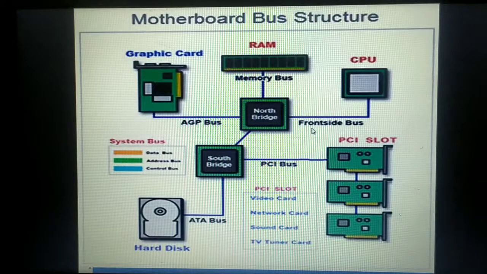The higher the bus speed, the faster the computer can send the data, which will improve your computer performance. Usually the front side bus is the connection between the CPU and the north bridge chipset. On any motherboard, a high speed data transfer takes place between the CPU and the RAM, in order to improve the CPU performance.